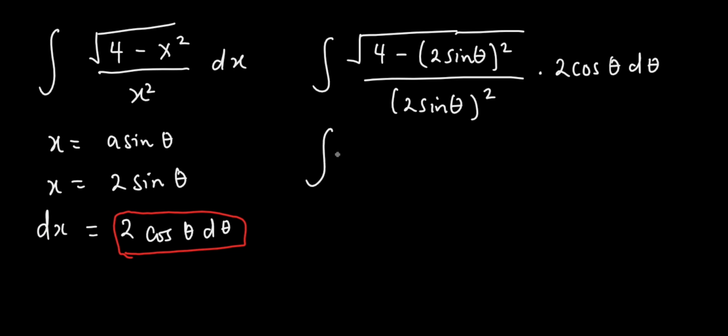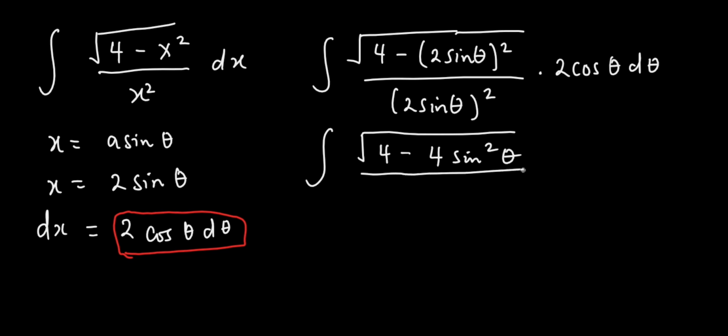So we have the integral of the square root of 4 minus 2 squared, which is 4, sine theta squared is sine squared theta. So we have sine squared theta here. And here we have 2 squared is 4, sine squared theta, multiplied by 2 cos theta d theta.